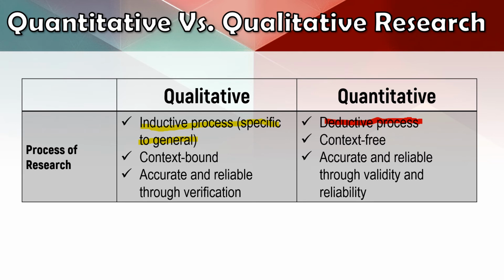I gather them all together, I collect them, I analyze them, which opinions are similar, which opinions are different, and which opinions will lead to the general understanding of my topic.